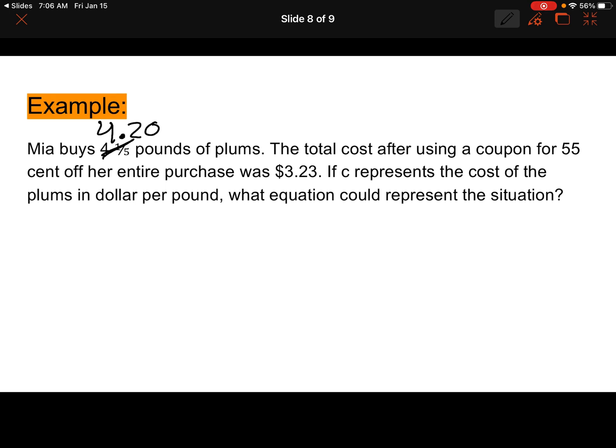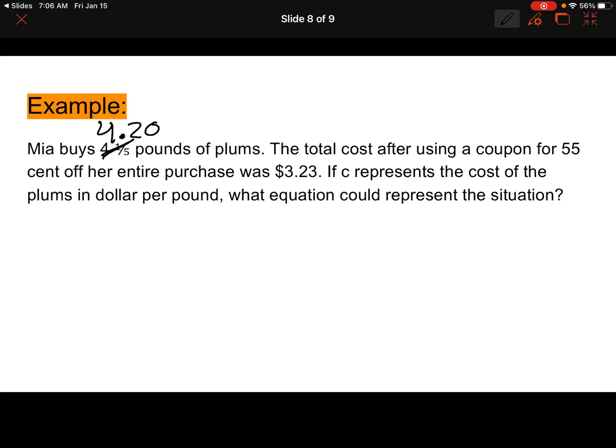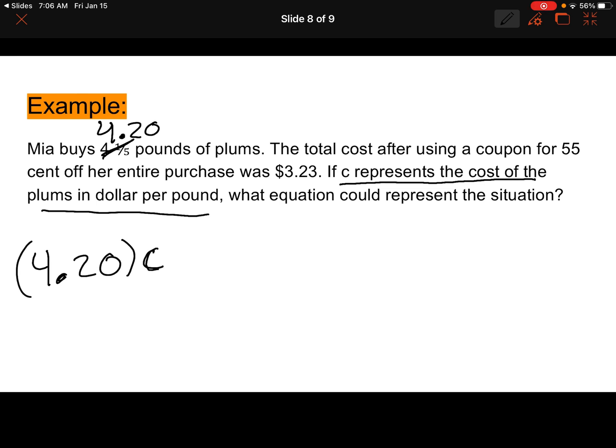It's going to be easier to work with since we're already working with cents. So this is 4.20 pounds of plums, and C represents the cost of plums in dollars per pound, so it's 4.20 times C, because that will tell us how much the plums cost.